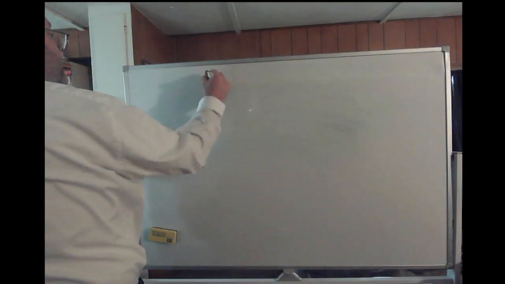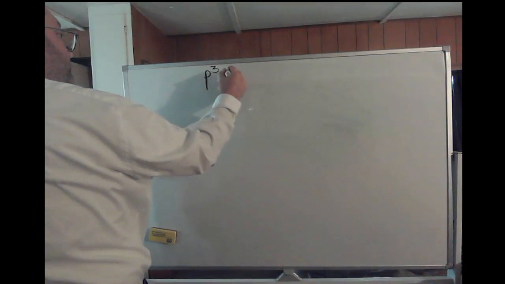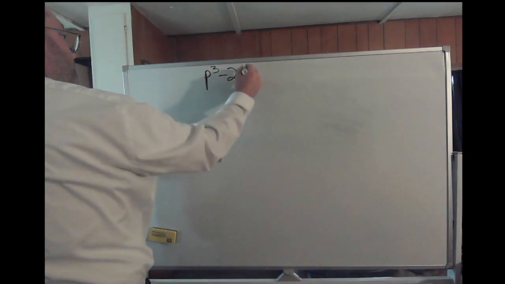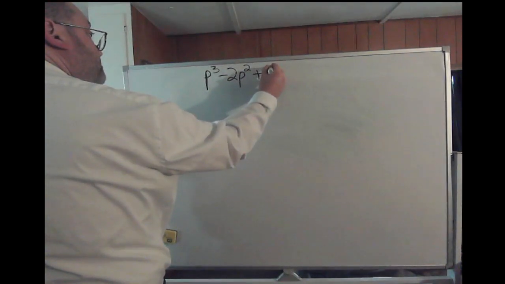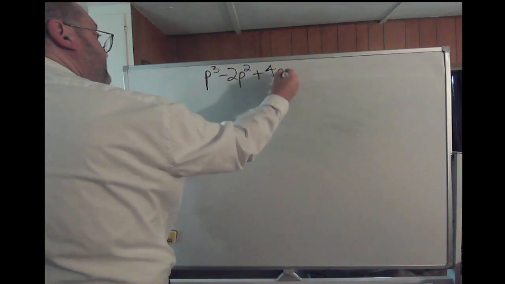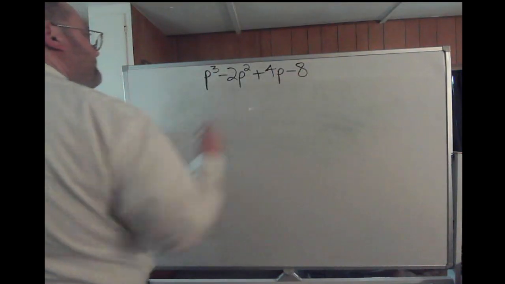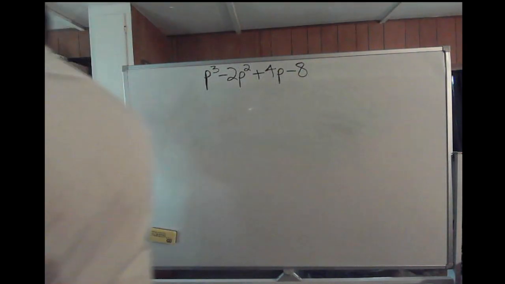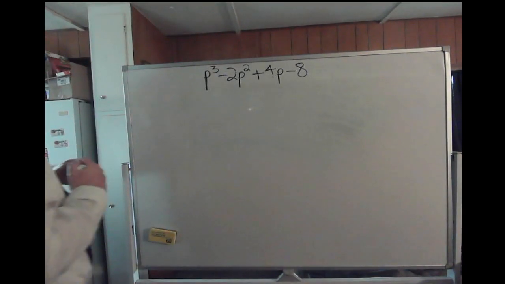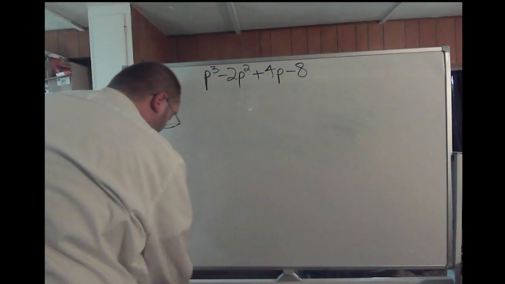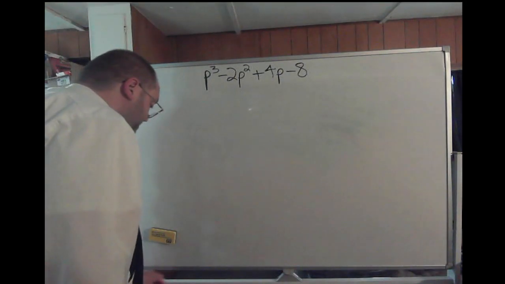Alright, we have p to the third minus 2p squared plus 4p minus 8. Well, we need to factor this expression here.